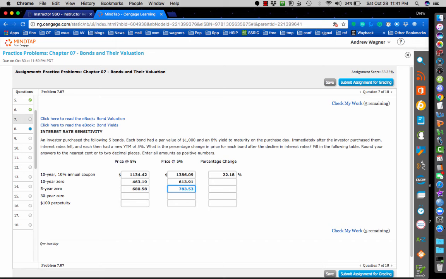Again, the change is second column divided by first column minus 1, so we take that number and divide by 680.58, subtract 1, we're getting 15.126%. Whoops, sorry, I see that I didn't do it for the 10-year zero.